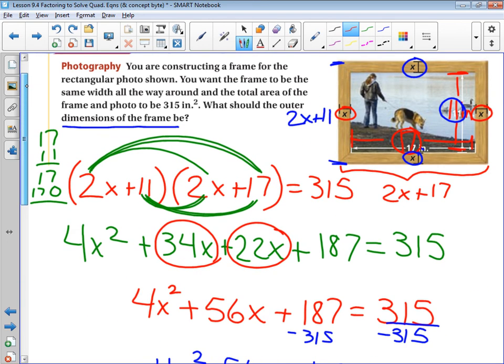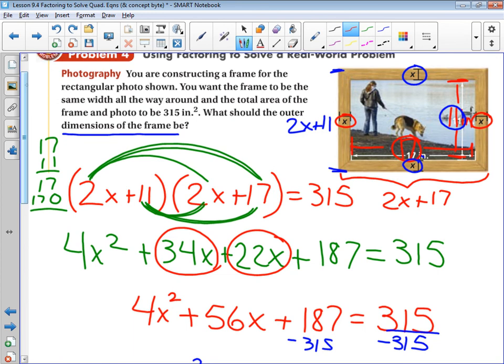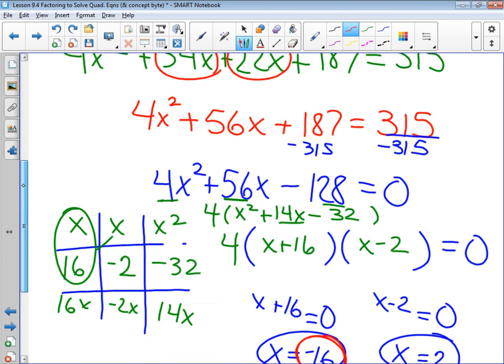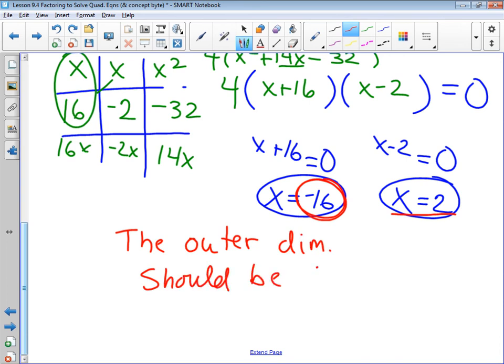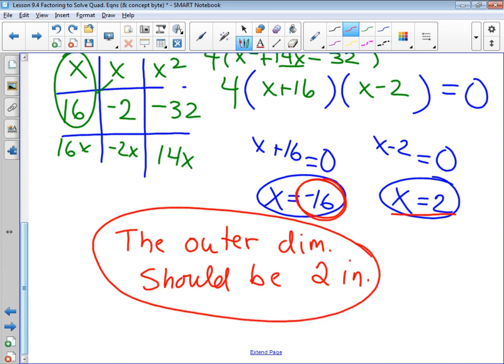So let's make sure we answer the question correctly. It's inches. What should the outer dimension be? So the correct answer is the outer dimension should be 2 inches. And that's it.